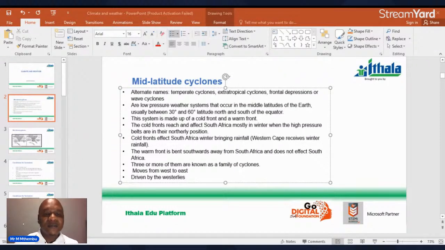Then also around here, where you have the warm sector, we find that there's a decrease in wind speed, and then warm conditions prevailing there, calmer conditions. Possibilities of drizzle or no rainfall at all, higher humidity. And then around here, we have the warm front, where the pressure gradient is gentle as well.